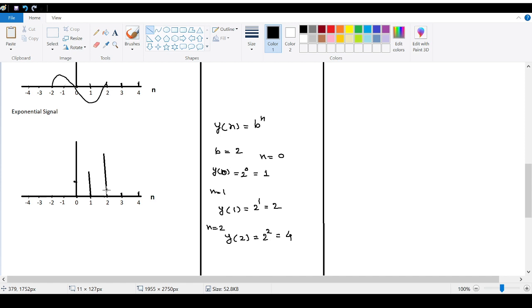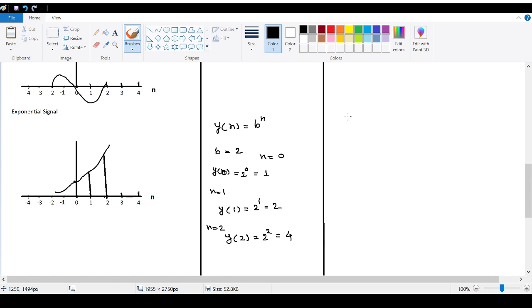So I can plot over here 4, and similarly we can plot for the various other values. Now I will be plotting the graph only for these three values. So I can plot the curve like this, which is exponential in nature. Like in this way, the exponential signal's graphical representation we can plot over here.